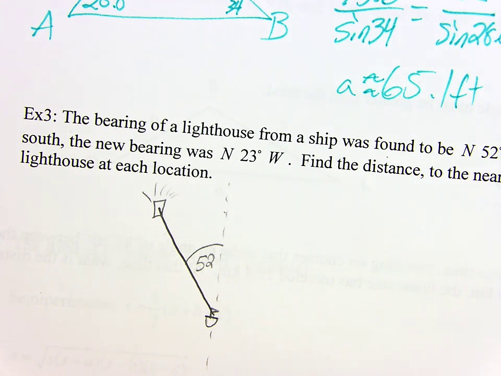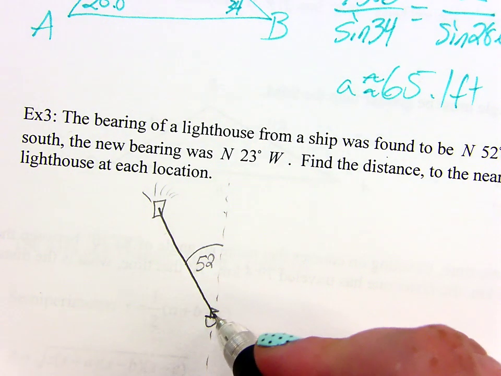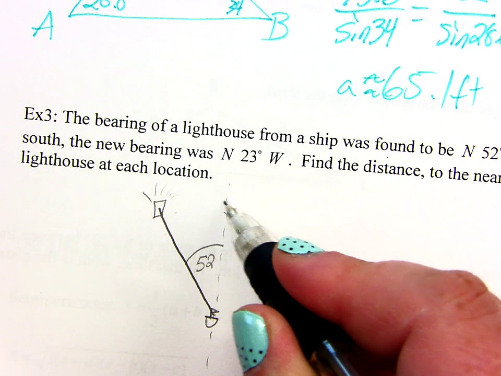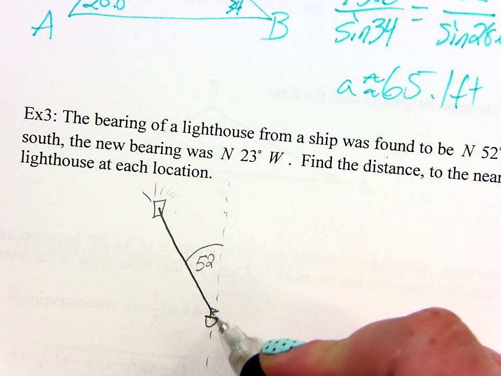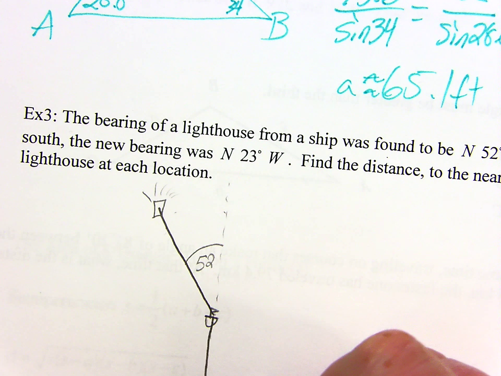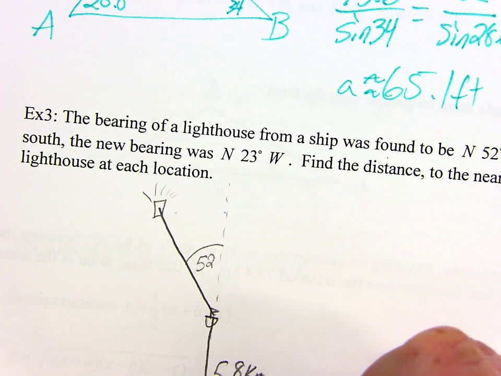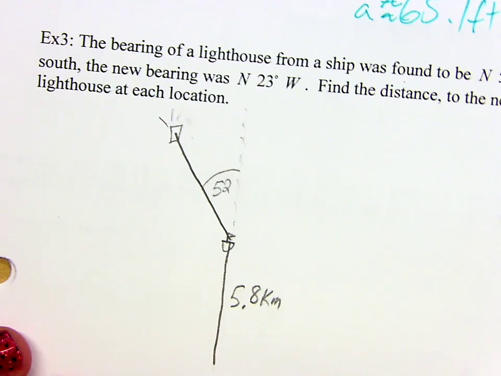So the bearing of a lighthouse from a ship was found to be north 52 west. After the ship has sailed 5.8 kilometers due south, so just straight down, now it's going to sail 5.8 kilometers straight down. And guess what? You got yourself a triangle.